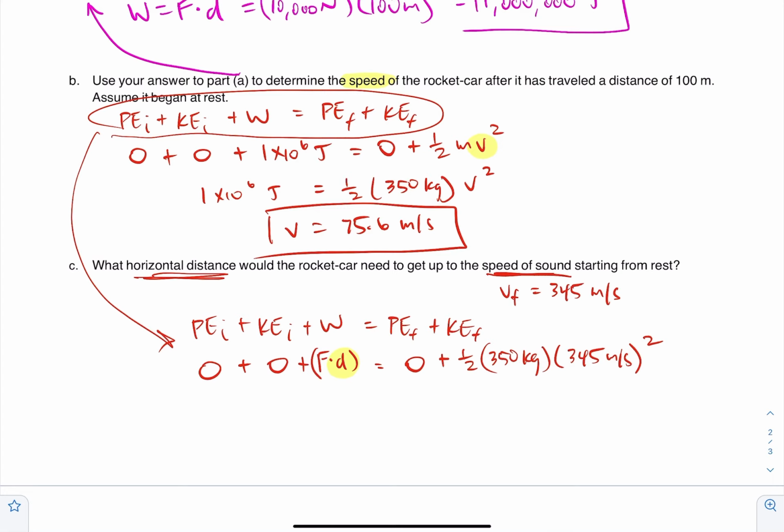And so I know the force. The force is 10,000 newtons times some distance is going to be equal to 1/2 times 350 times 345 squared. And let me just get that real quick.